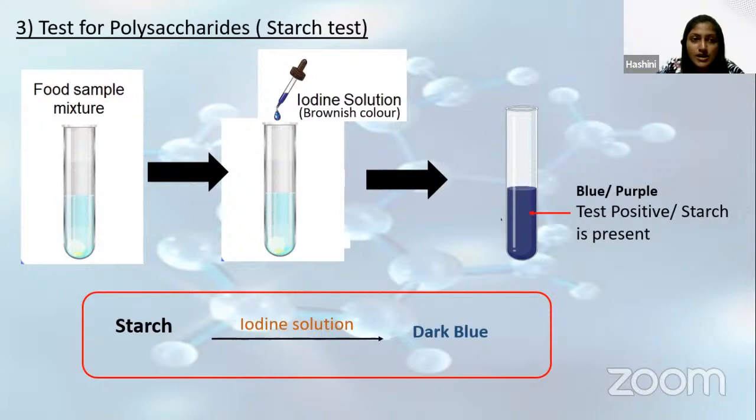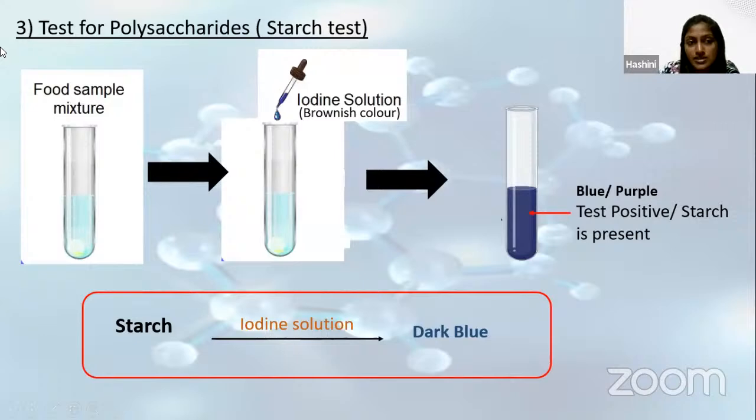So get the full mixture. Right, let's say we can get any kind of starch-containing food. We have to dissolve it in water, but you know the starch is not dissolved in normal water, so we have to use hot water in order to dissolve that food sample.